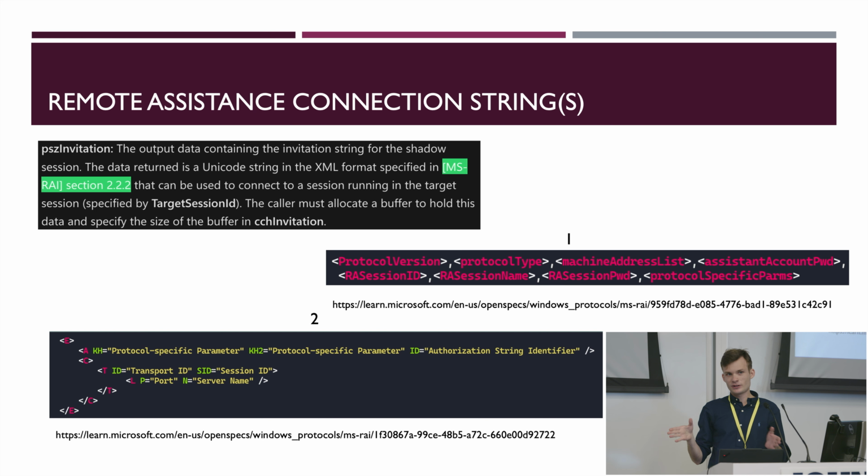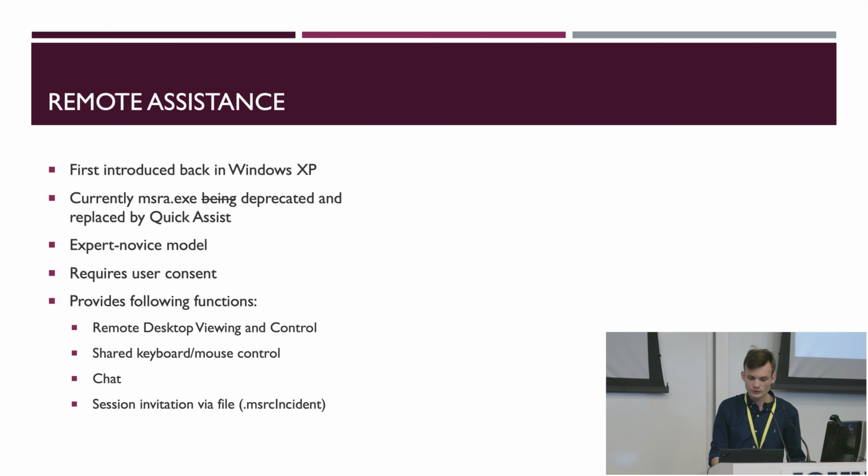But is remote assistance the same as shadowing, and how does it relate to it? So remote assistance was introduced back in Windows XP, and shadowing was introduced in Windows 8 and later, in the server equivalent of Server 2012 R2 and later.